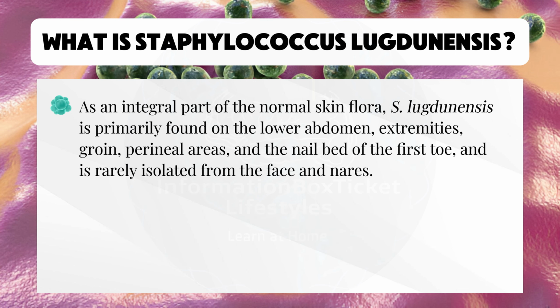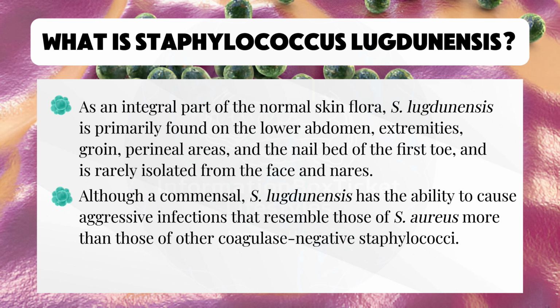As an integral part of the normal skin flora, Staphylococcus lugdunensis is primarily found on the lower abdomen, extremities, groin, perineal areas, and the nail bed of the first toe, and is rarely isolated from the face and nares.